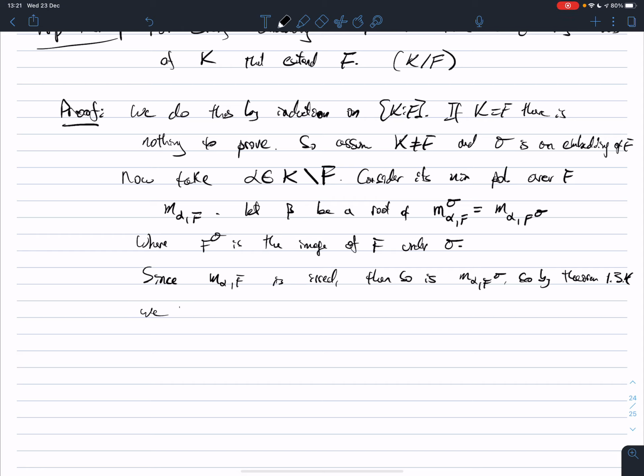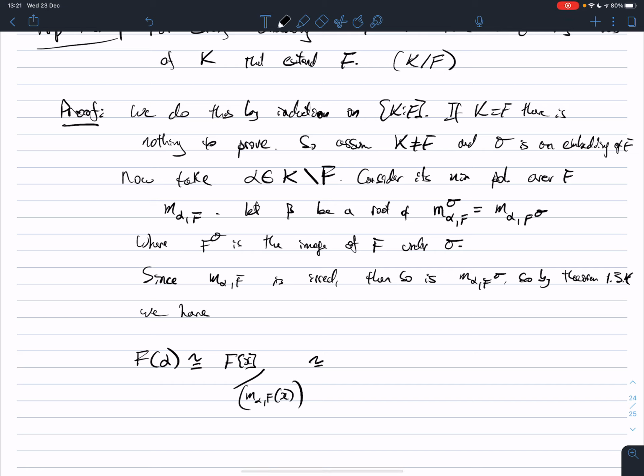We have the following. F(α) is isomorphic to F[x] modulo m_α,F(x). This is what the theorem was telling us.